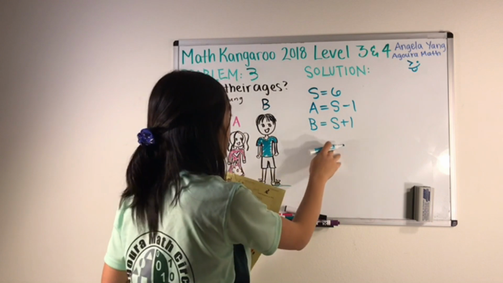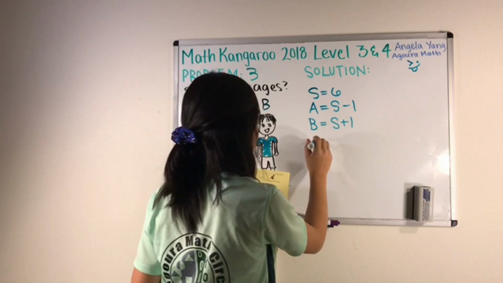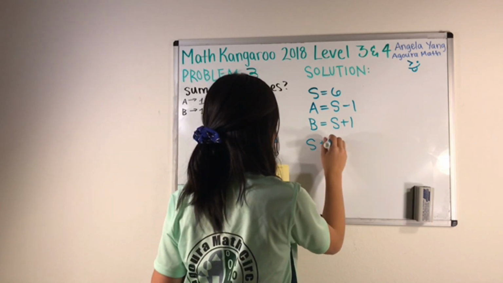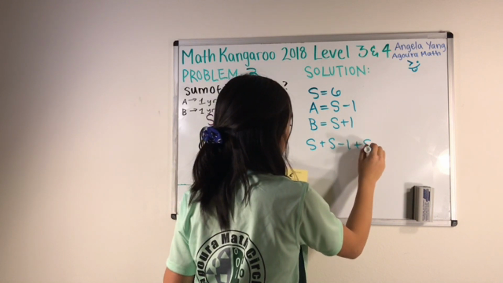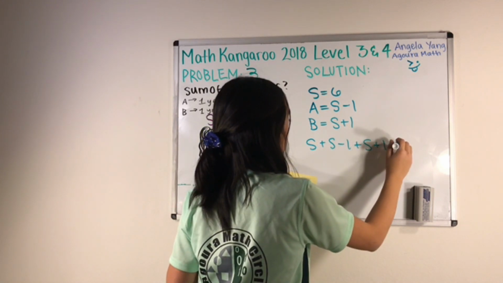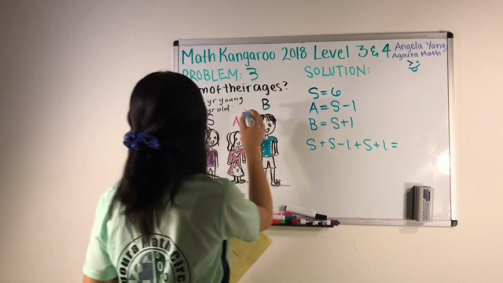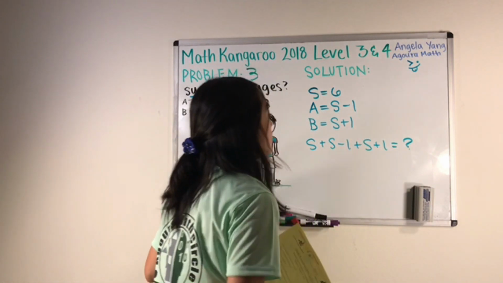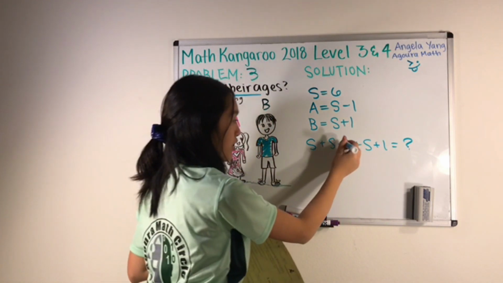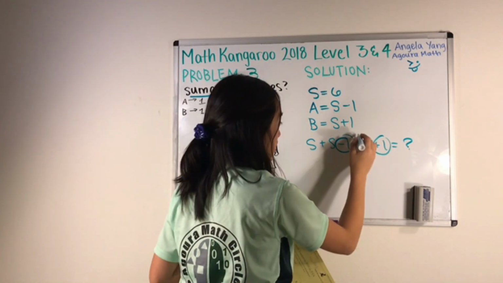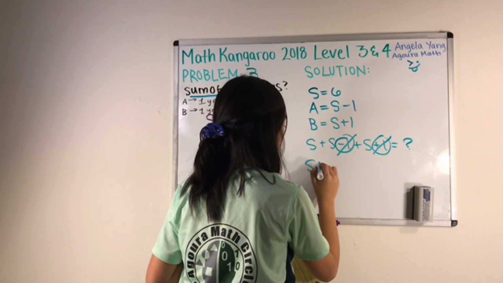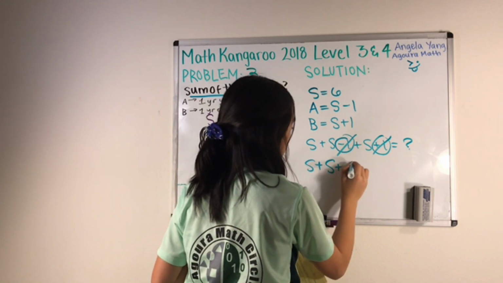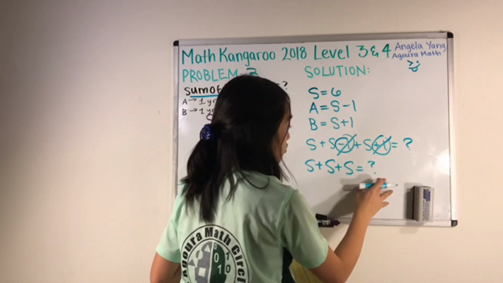So if we want to find the sum of the ages, we can do Susan plus Susan minus 1 plus Susan plus 1, all equals the sum of their ages, which we'll assume as question mark. So if you look at this, the minus 1 cancels out with the plus 1. So now we're just left with Susan's age plus Susan's age plus Susan's age equals question mark.